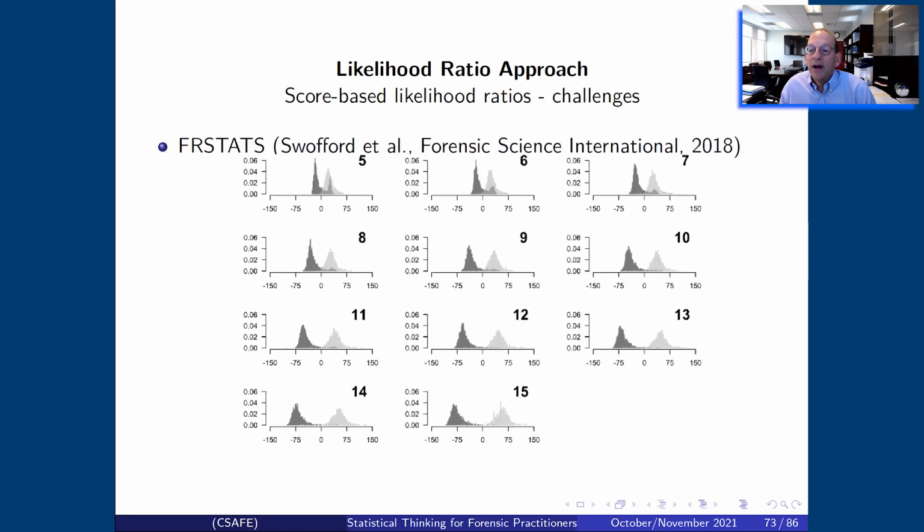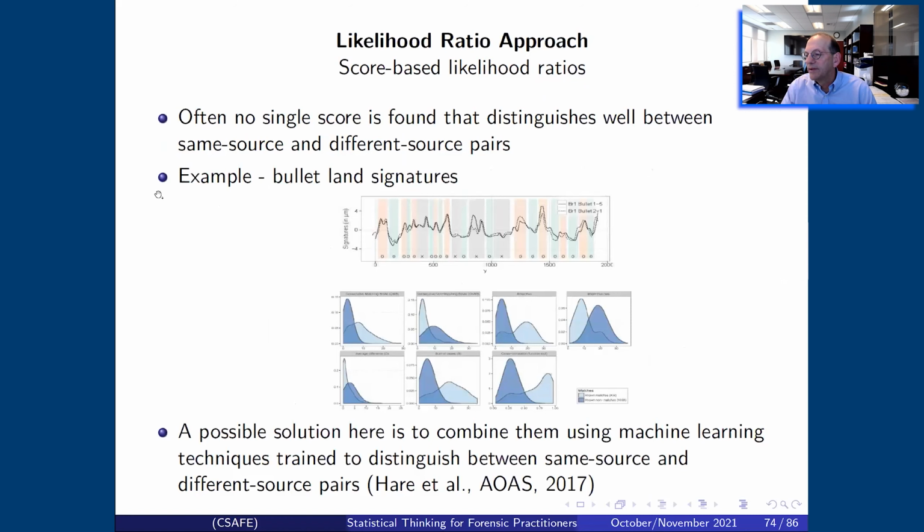The thing we don't know about FRStat is, do we need to worry about the physical size of the impression that we were able to lift? Does that matter? Should we compute different same source and different source distributions based on that? Or whether the piece we have is near the delta or not? These are the kind of questions you have to address before you can build a score-based likelihood ratio.